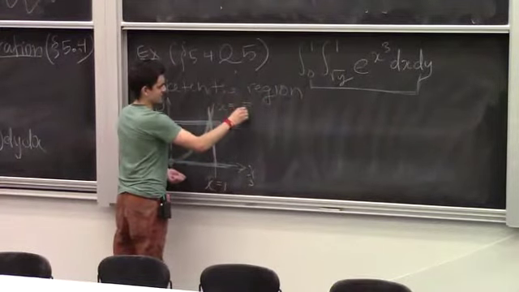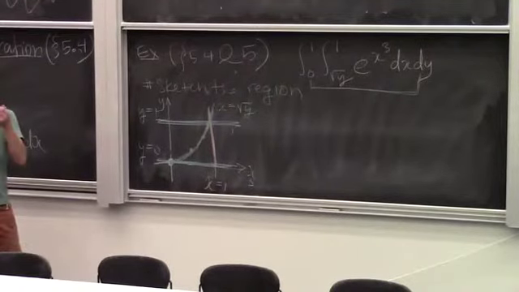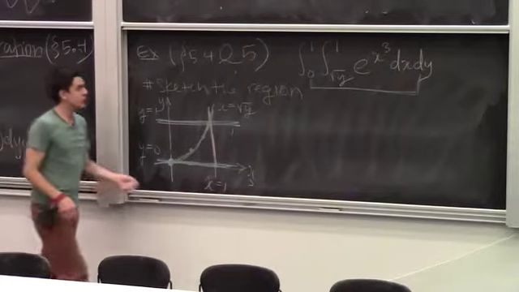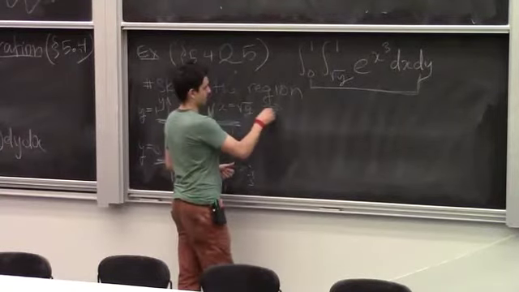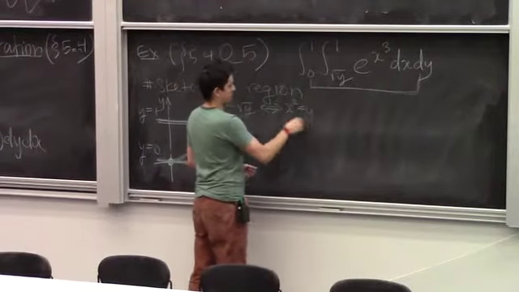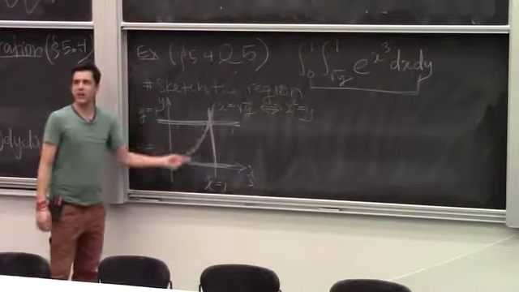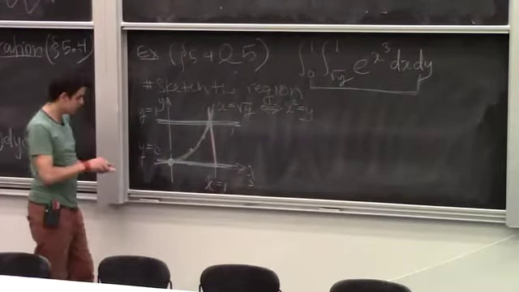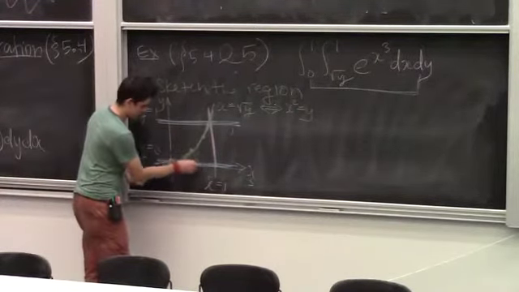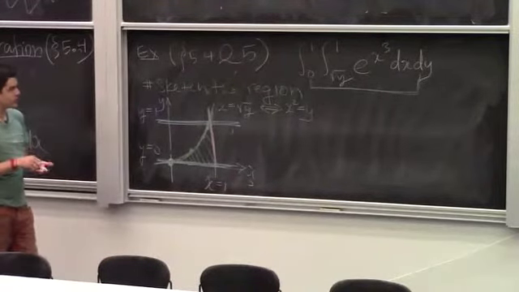X is equal to root y. And we can check our work by squaring both sides. Okay, when we square both sides, we see that it should be concave up like that. So that's good. That's the region we care about.